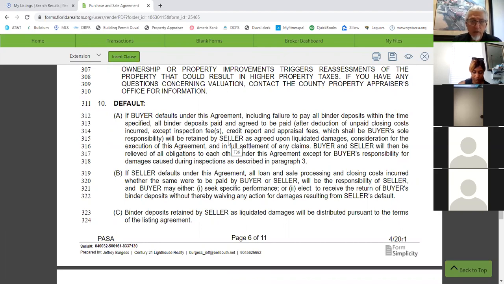Where was I? And the buyer's responsibility for damage resulting in the seller's default. Specific performance, or elect to receive the return of the buyer's binder deposit without thereby waiving any action for damages resulting from the seller's default. If the seller just decided to pull out, he owes all the expenses, the inspections, everything that the buyer did.